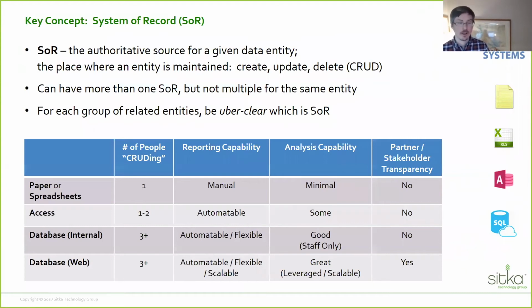Good analysis capability for internal staff only, however, it doesn't support stakeholder transparency very well. Databases exposed on the web have many of the same attributes of internal databases, but it does allow you to connect and leverage that data across the web and be transparent with stakeholders. As you all know, though, there's also a cost increase as you go down this list and implement systems further down this list.